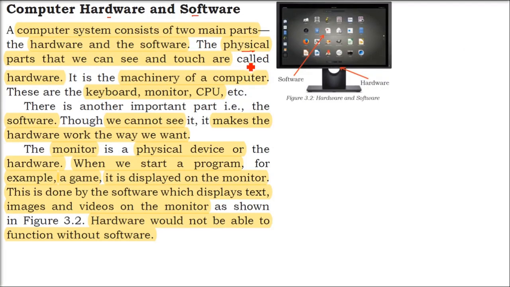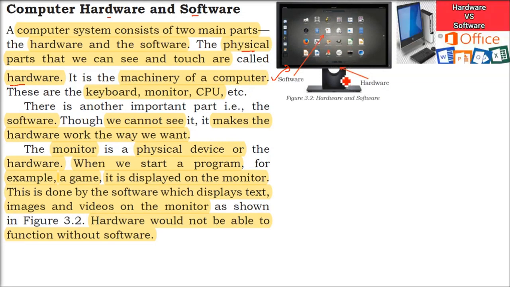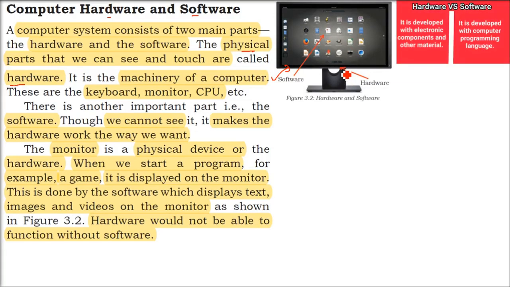The physical, tangible part which you can see and touch is hardware, like this monitor. Hard means exactly that: you are able to touch it and feel it. The machinery of a computer can have a keyboard, a monitor, CPU, RAM, ROM, the motherboard.